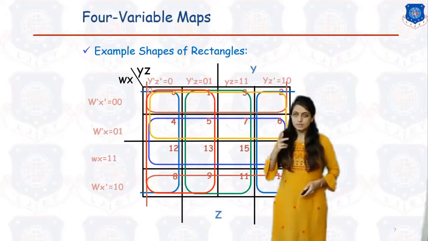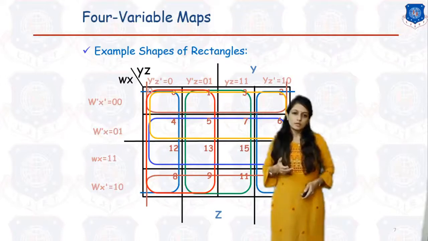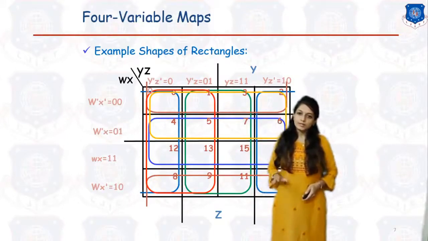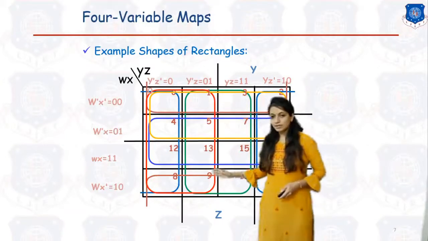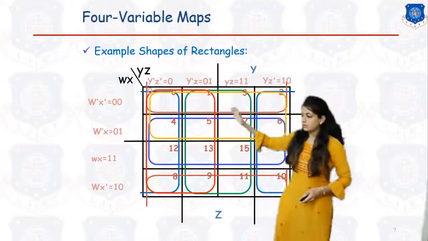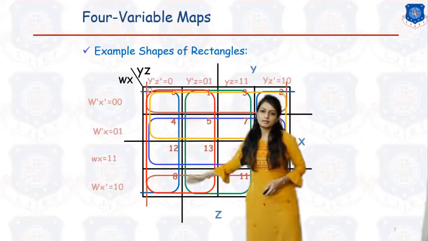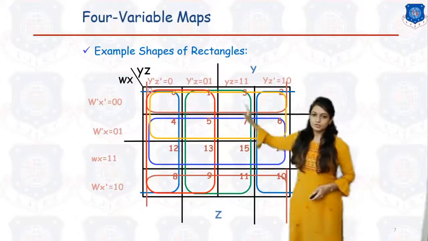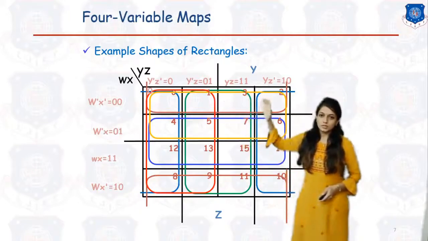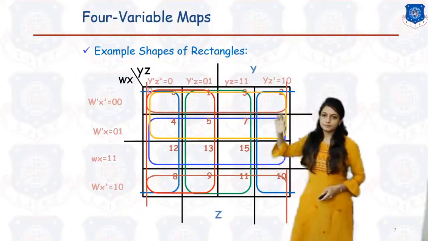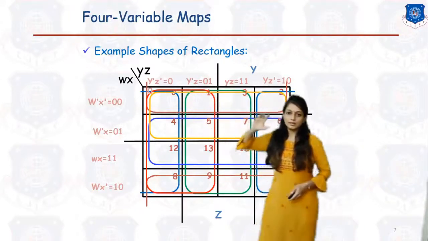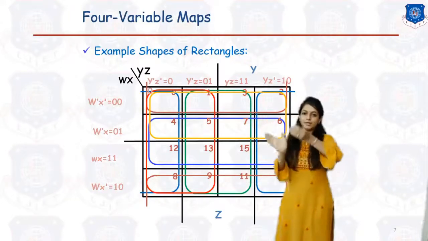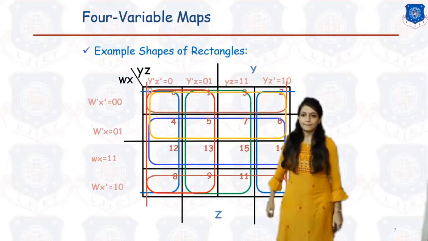So in this way, we can also make a group of 8 ones, whether it is in the center of the map or at the corner of the map. So this green group, the yellow group, the red one by flipping the K map.